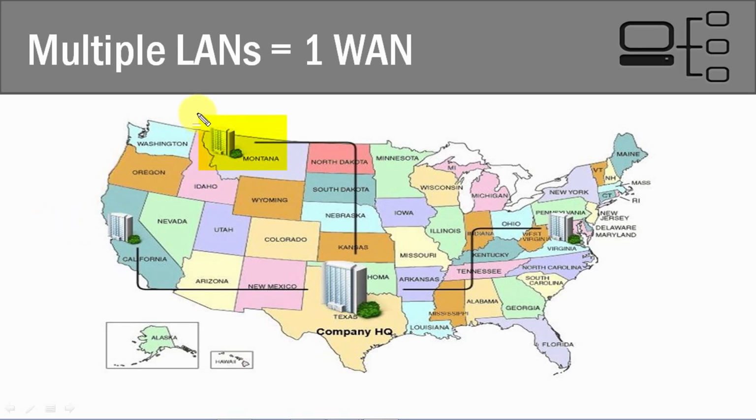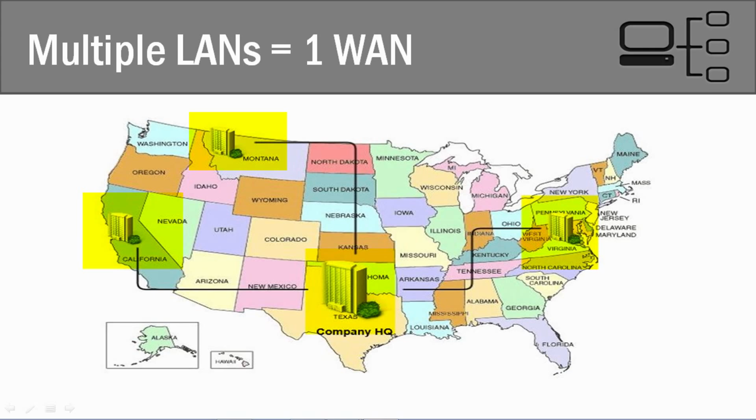We have an office in Montana, California, Texas, and Virginia. When these local area networks within each building connect together across the US through public lines via your internet service providers, they become a WAN. That gets us to our definition at the top: multiple local area networks become a single wide area network.